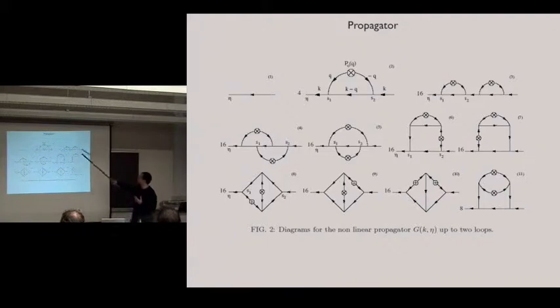It would be nice if I could sum fully all these diagrams, okay? But unfortunately, at least we haven't been able to do it. But what we have been able to do is to sum the most important contributions to it, okay?